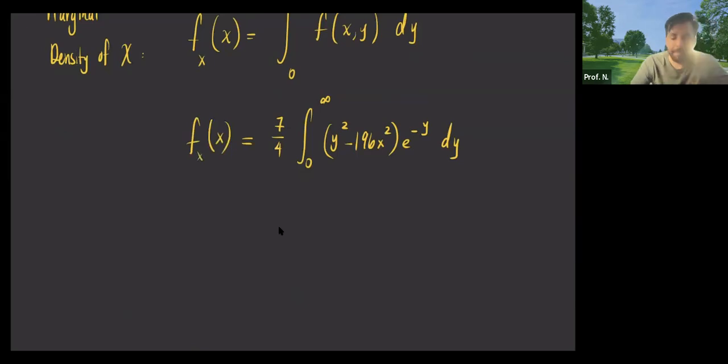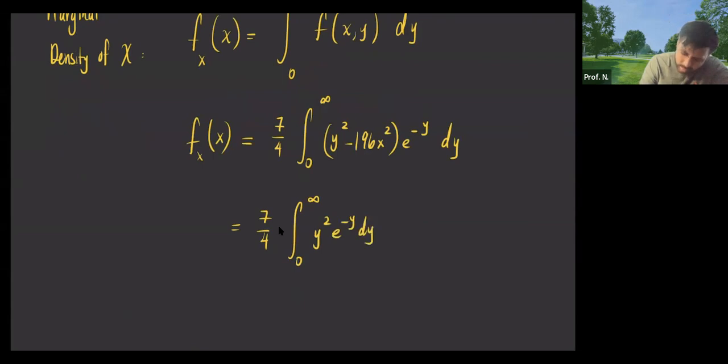That's the idea. Now for this, it looks like we may have to do two integrals because you have to distribute that. We get the integral from 0 to infinity of y squared e to the negative y dy, minus 196 times the integral from 0 to infinity of x squared e to the negative y dy. But this x squared I can place out in front actually. So let me do that.